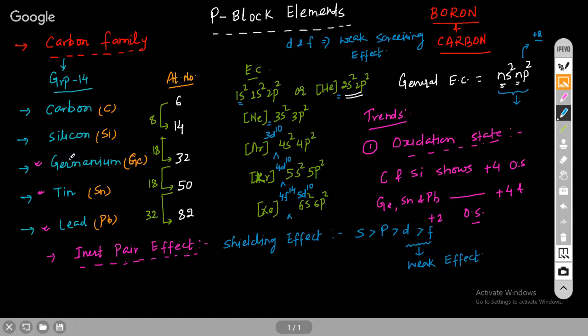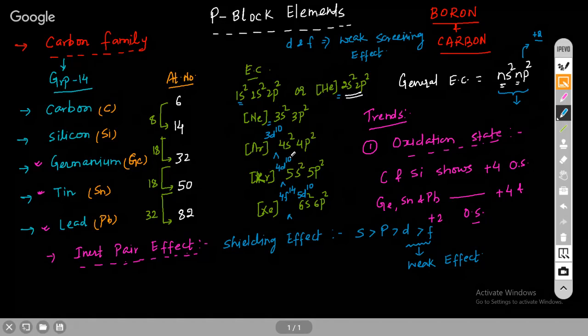Now coming back to germanium, tin and lead: what happens when electrons go into 4s and 4p orbitals? Before that, the electrons have to fill the 3d orbital.